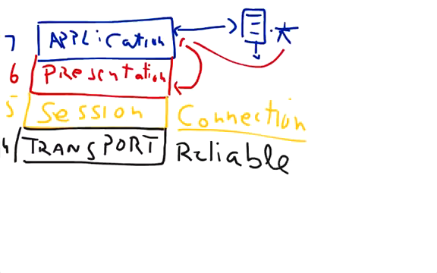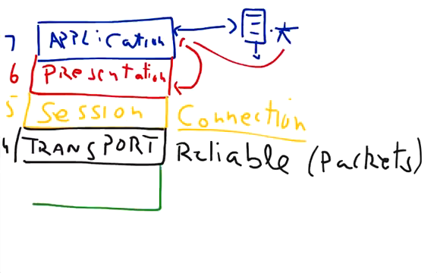So it converts the data into packets, and its main purpose is to send them reliably to the other node. And under the transport layer, we have a layer called network layer.